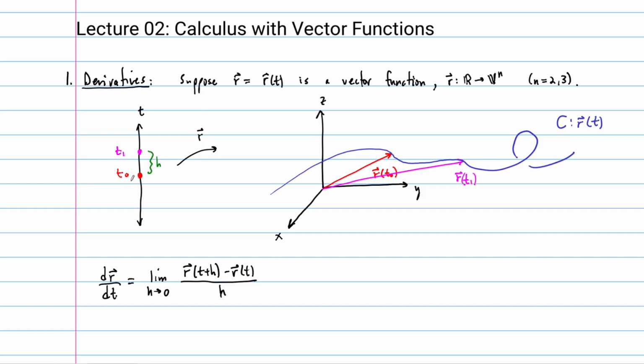So let's say we're taking the derivative at t naught. Then as h approaches 0, this point is going to become much closer to this point. And so we're going to have the limit of the difference of these vectors, right? So the difference of the vectors, as we remember from Calc 2, is the vector that connects the tip to tip of these vectors here.